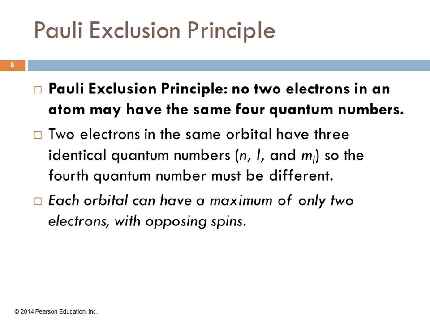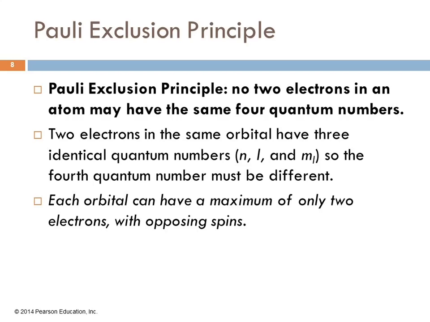The Pauli exclusion principle, named after a scientist whose last name was Pauli, says that no 2 electrons in an atom can have the same 4 quantum numbers. There are 4 quantum numbers. We've talked mostly about the first 3. That last one, the spin, is what allows us to have 2 electrons in the same orbital, but their spins have to be opposite.